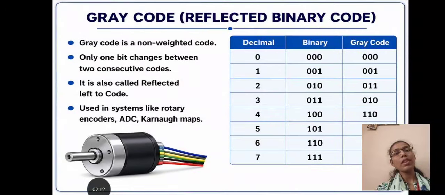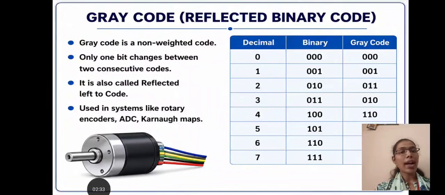Next, gray code. Gray code is a non-weighted code, and it is similar to binary code, in which only one bit changes at a time between two consecutive codes. It helps to reduce errors during transition between values. It is commonly used in rotary encoders and digital systems.